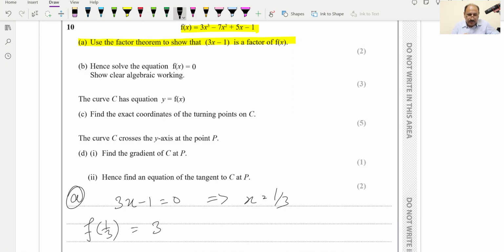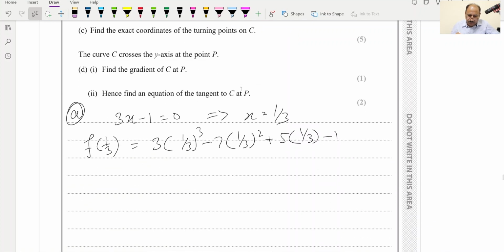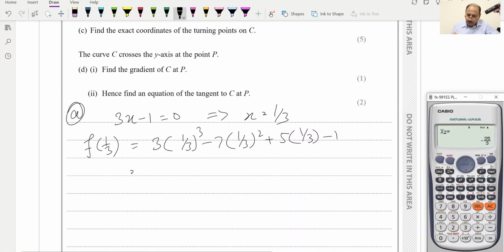So we will write 3 into (1/3)³ − 7 into (1/3)² + 5 into 1/3 − 1, and we will check whether this is equal to 0 or not. For that we can use a calculator. So this will be 3 into (1/3)³, which is 1 over 9.